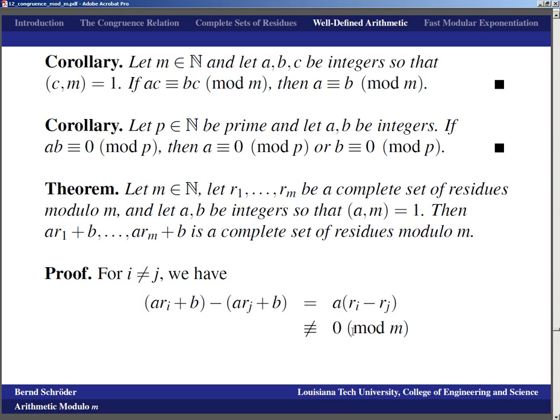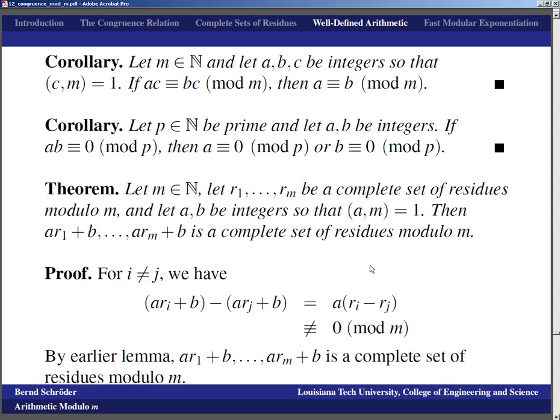So that is not equal to 0 modulo m, because ri minus rj is not equal to 0 modulo m, and a is also not equal to 0 modulo m, so their product is not equal to 0 modulo m, because otherwise one of the factors would be equal to 0 modulo m, because we would use the corollary up here. And by an earlier lemma, namely that if you have m pairwise distinct numbers modulo m, then these things are a complete set of residues modulo m.